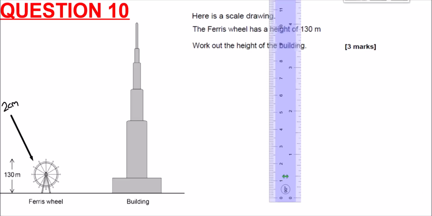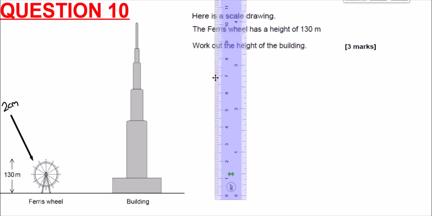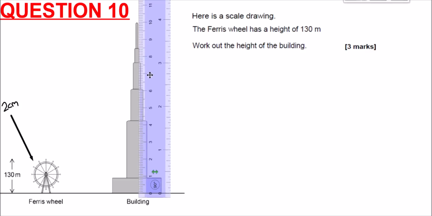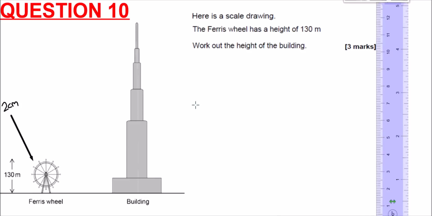Whereas the big building, if we measure this one, you should find that's almost exactly 10 centimetres. What we need to do now is compare the height of the building compared to the Ferris wheel. Essentially, we need to be thinking how many times bigger is the building compared to the Ferris wheel.